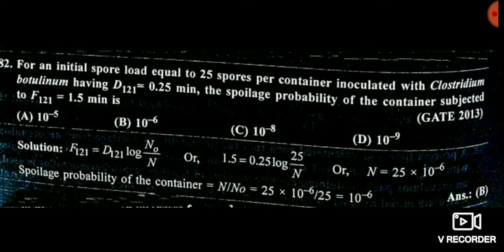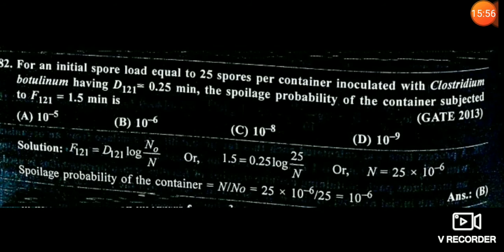Now friends, see another question. I have told you about spoilage probability in my previous slide. I think all of you remember that spoilage probability is the value N by N naught. So friends, here you see in the question D121 value is given and F121, means processing time, is given.